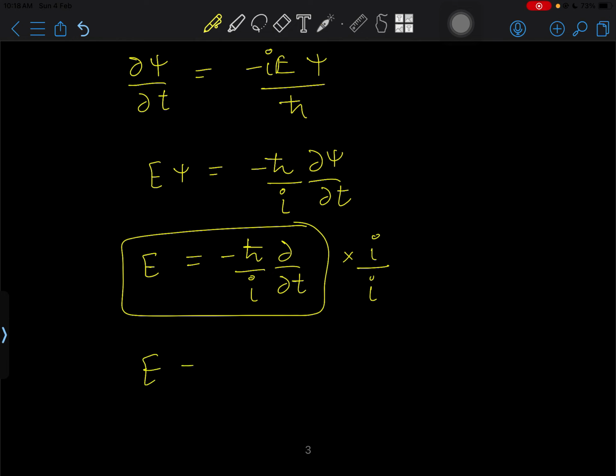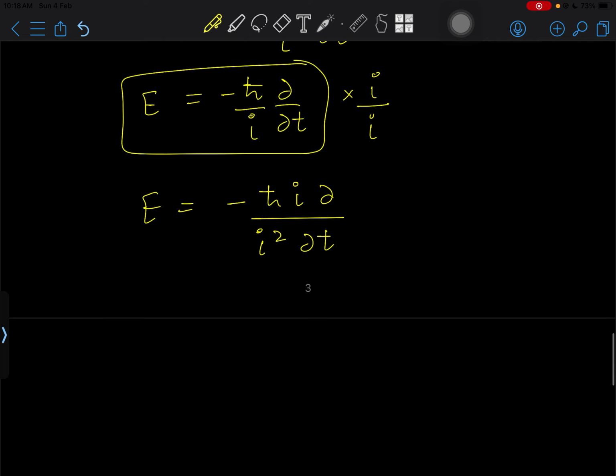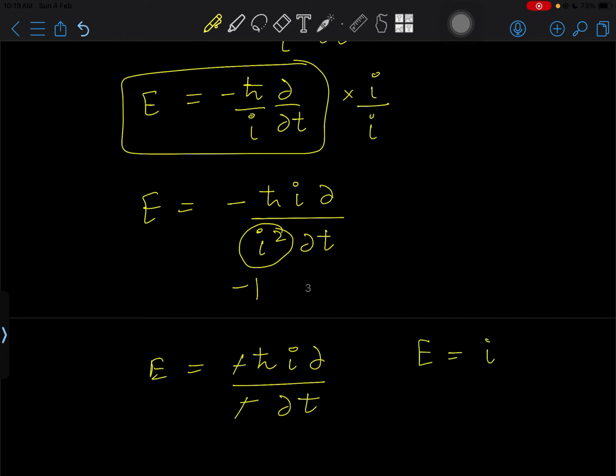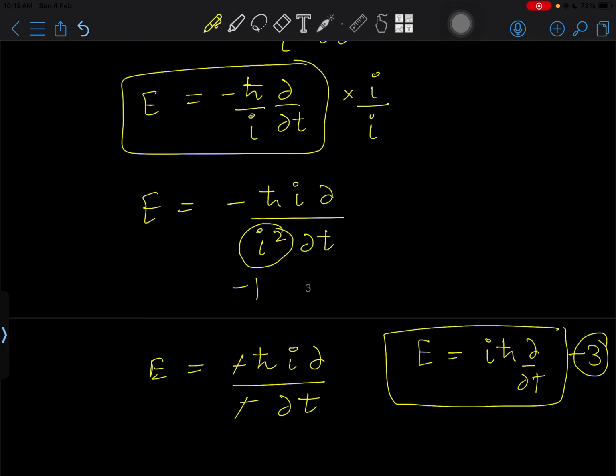So we get E is equal to negative ħ i ∂ over i square ∂t. Since i square is negative 1, E is equal to negative ħ i ∂ over negative ∂t. The negatives cancel out, so E is equal to iħ ∂ over ∂t. This is equation number 3, which we need to remember in case of the energy operator.